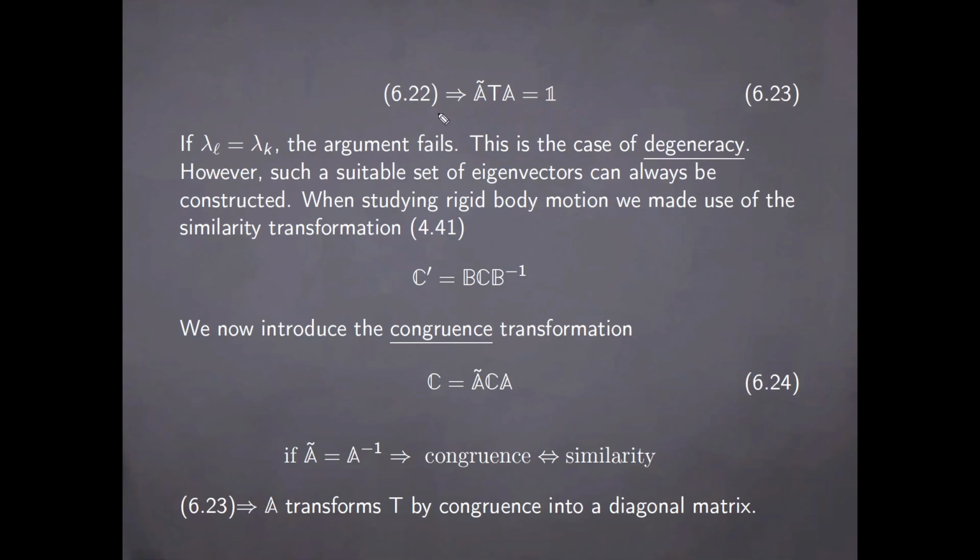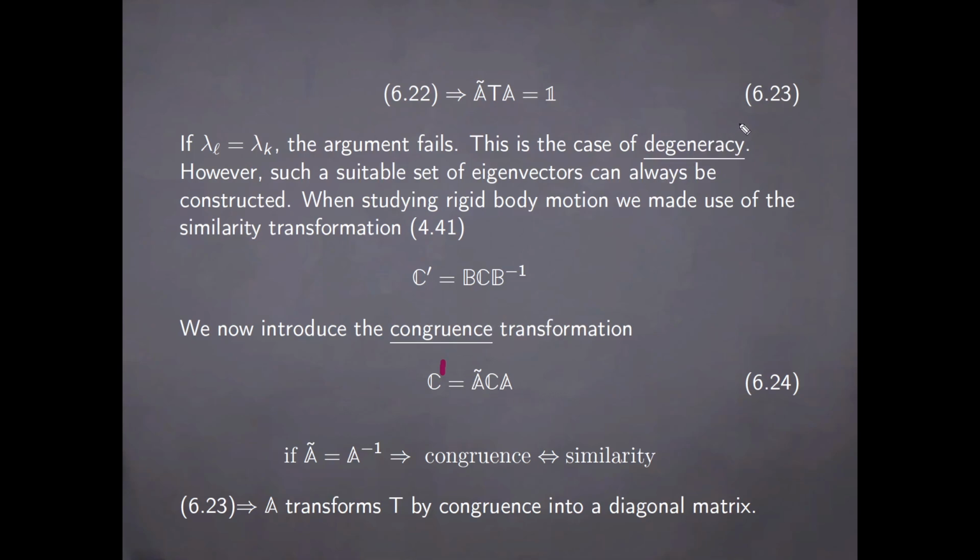The kind of transformation that is involved now in the study of small oscillations is known as a congruence transformation, and it has the definition here, where of course there is a prime index missing from the C. And notice that in the case of orthogonal matrices, so if the transpose of A happens to be equal to its inverse, then the congruence transformation is entirely equivalent to the similarity transformation.